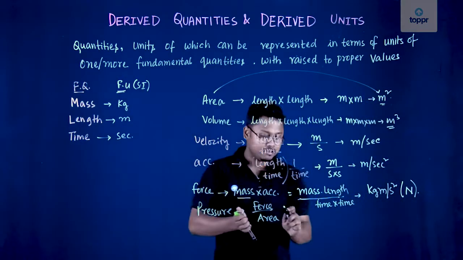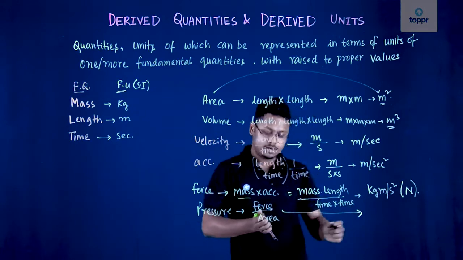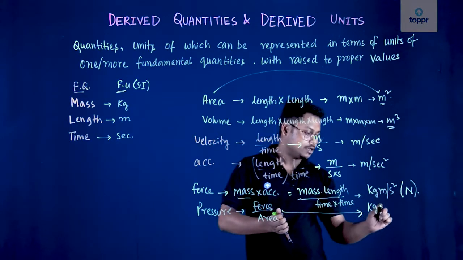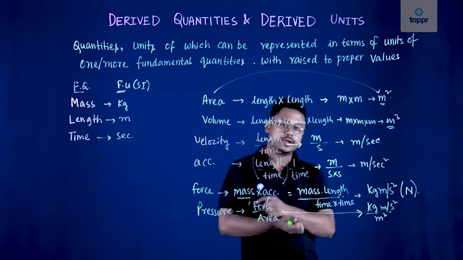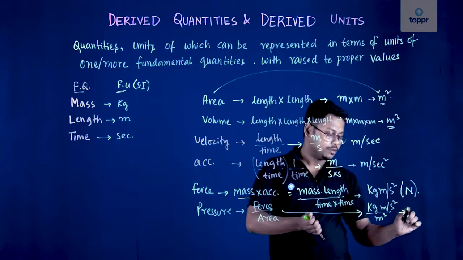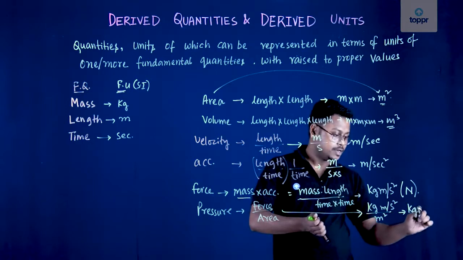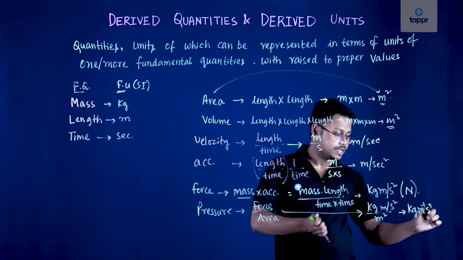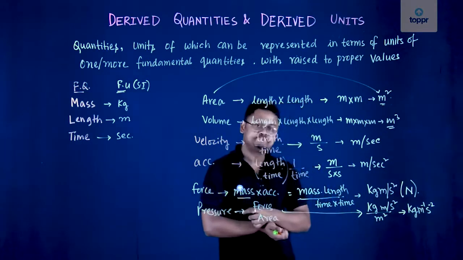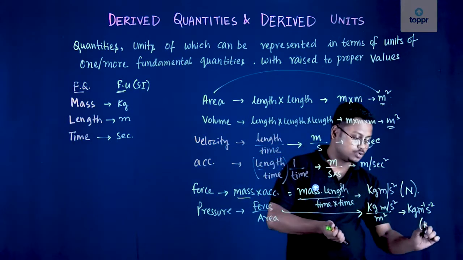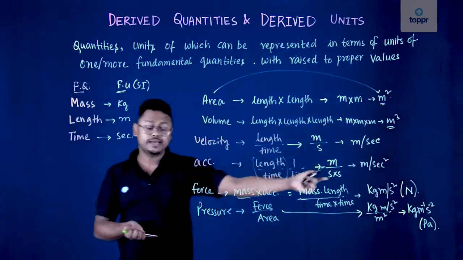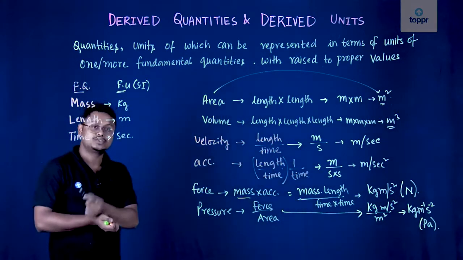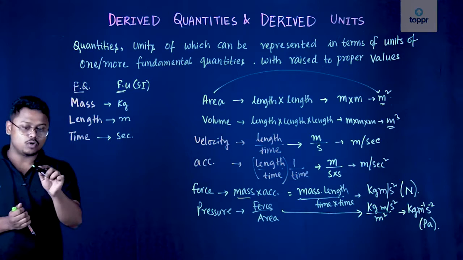So the pressure will have the unit kg meter per second square divided by meter square. So its unit will be kg meter to the power minus 1 second to the power minus 2, and this is also known as Pascal.